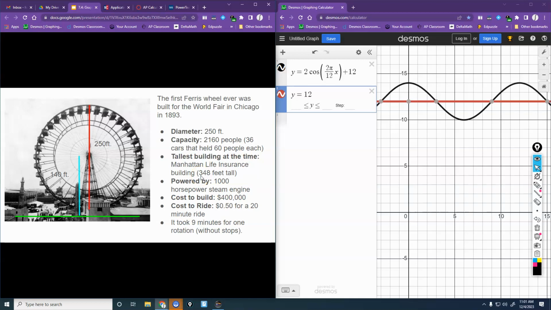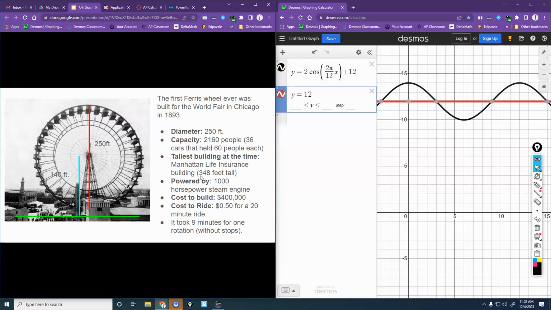So the engineer, I can't remember his first name, but his last name was definitely Ferris, that decided to do this. Mr. Ferris was 33 years old, and he decided that he was going to build a Ferris wheel. Okay? This had never been made before.